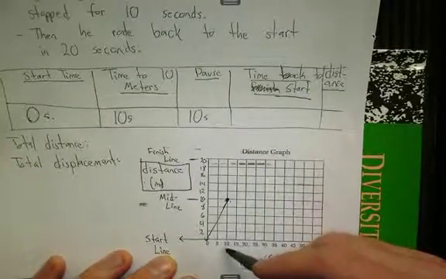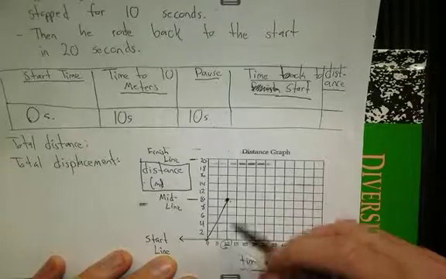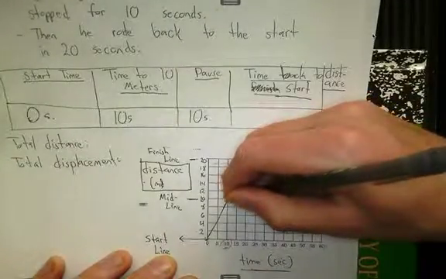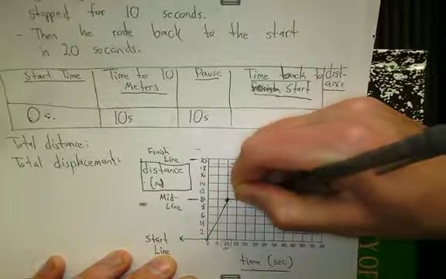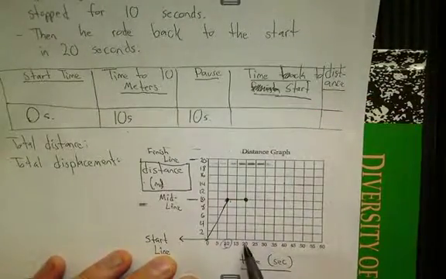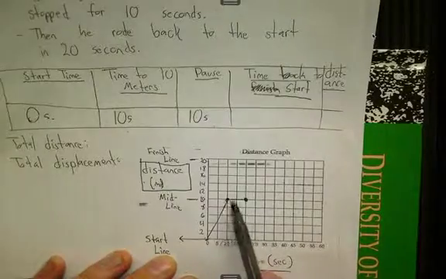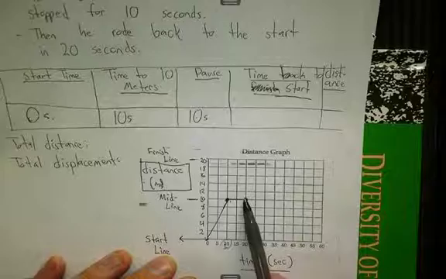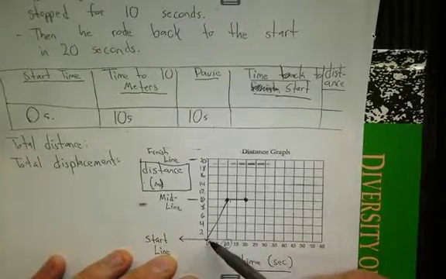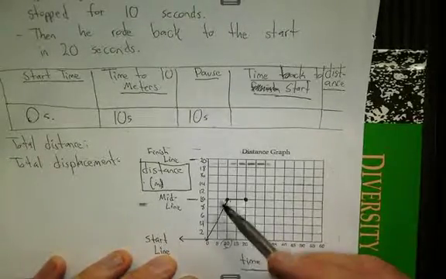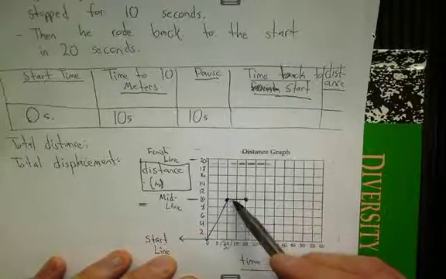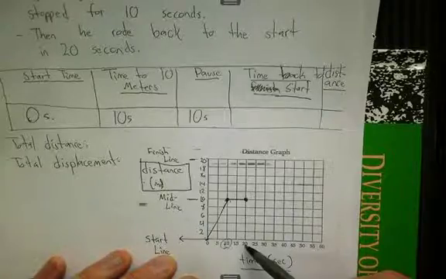We're going to extend our 10-meter line for 10 seconds, so between 10 seconds and 20 seconds, he took a pause. This flat line means he is not moving. He is standing still. So he rode his bike 10 meters in 10 seconds, stayed at the 10-meter mark, and took a pause for 10 seconds.